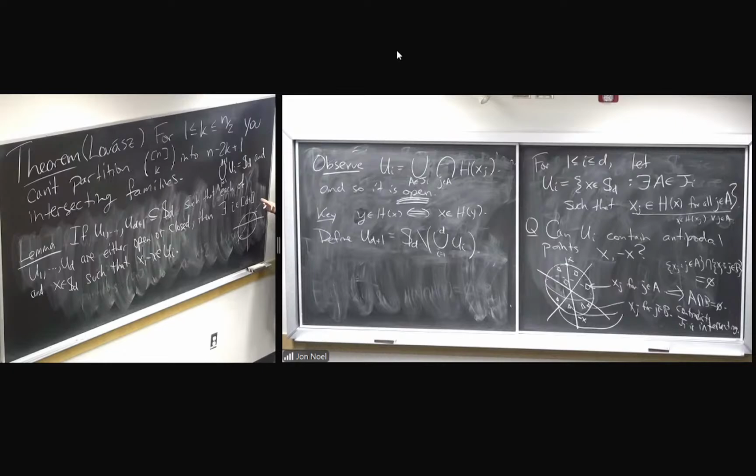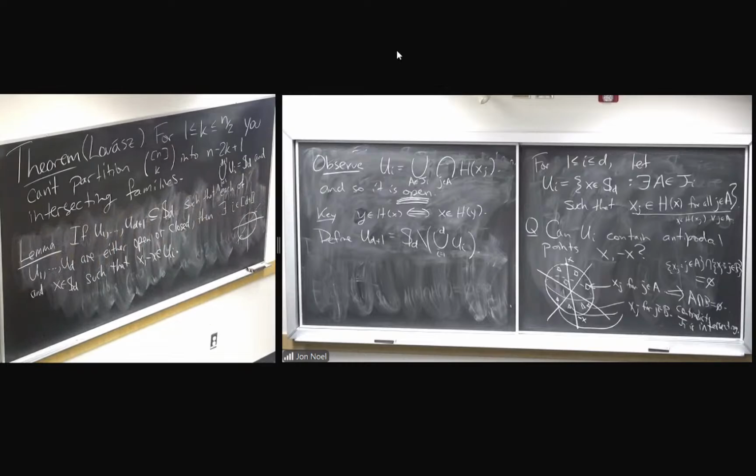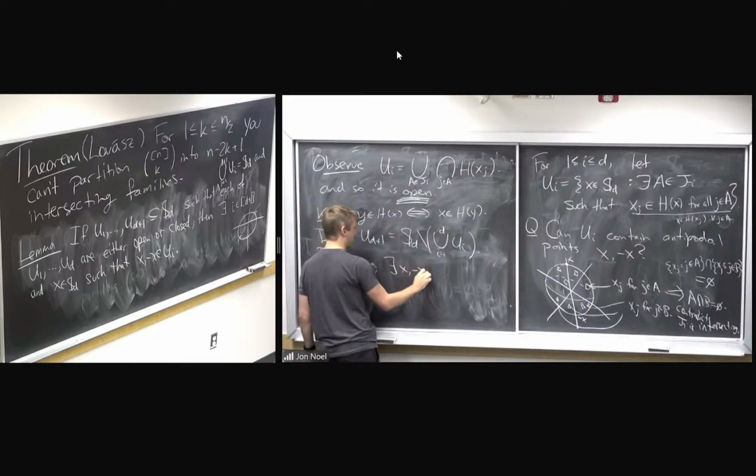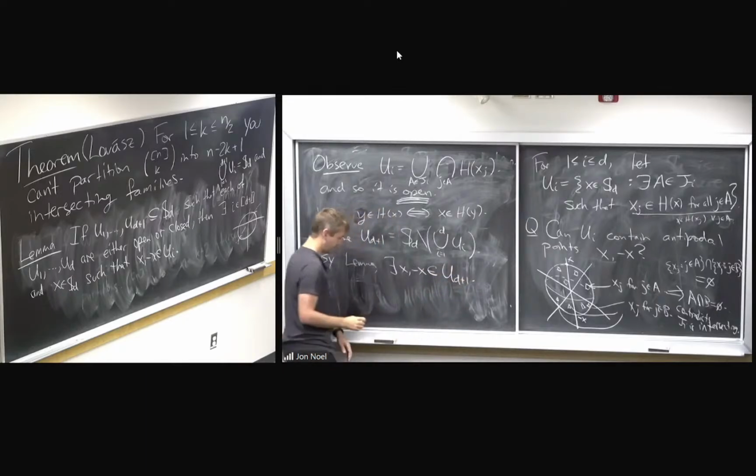But we know none of them do, right? We already proved that ui for i from 1 to d doesn't contain antipodal points. So the only choice left is that u(d+1) must contain them. So if we can rule that out and get a contradiction, then we're done. So by the lemma, there must be x and minus x in u(d+1).